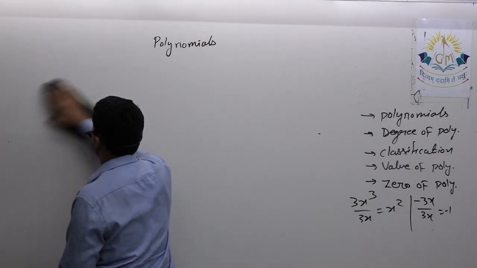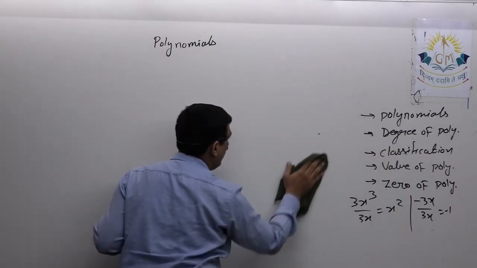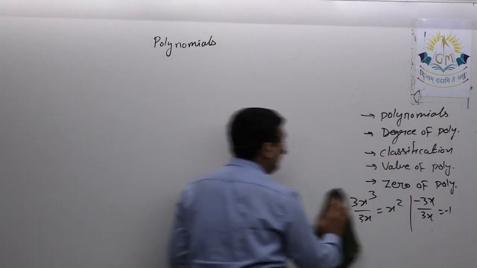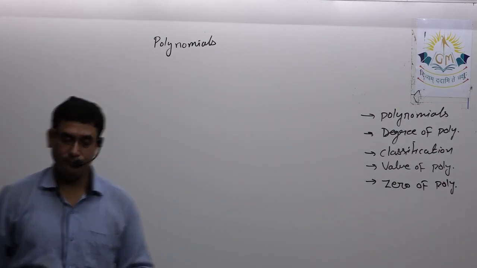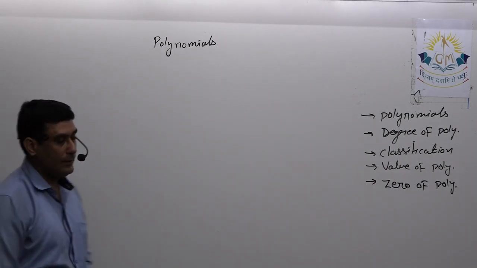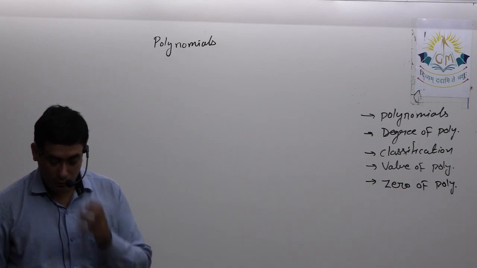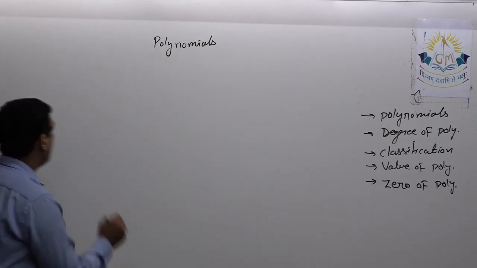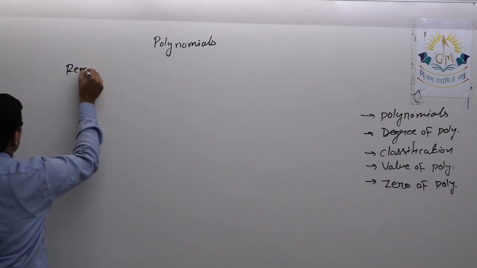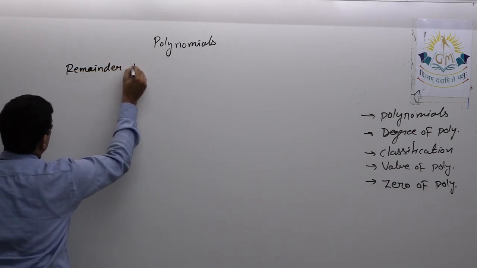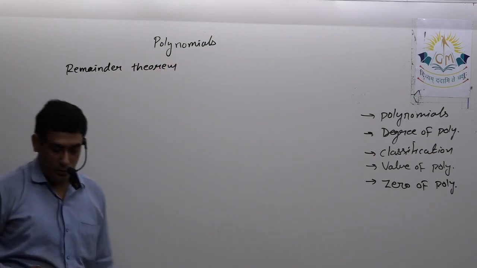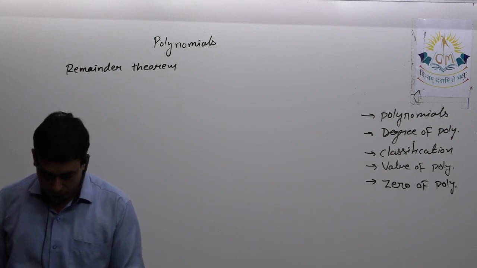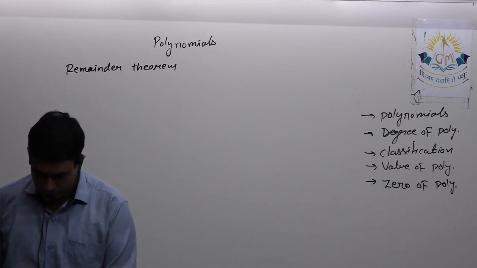The only restriction is that the polynomial by which we are dividing, the divisor, must be of degree 1, not of degree 2 or a quadratic polynomial. Next we'll see the remainder theorem with an example.